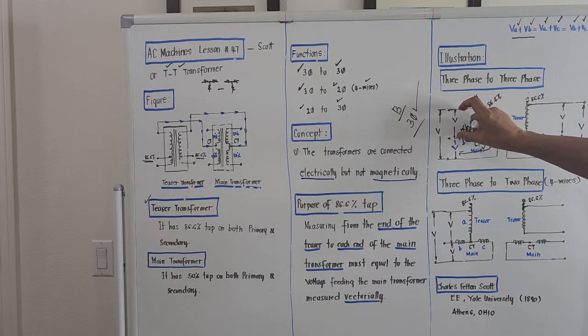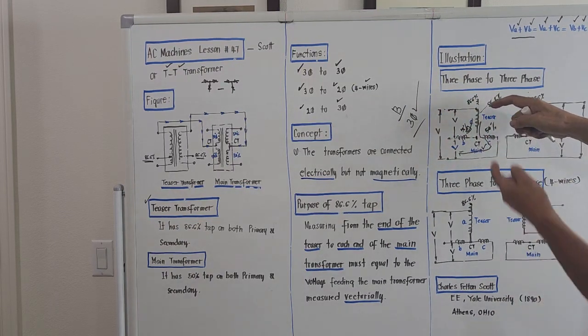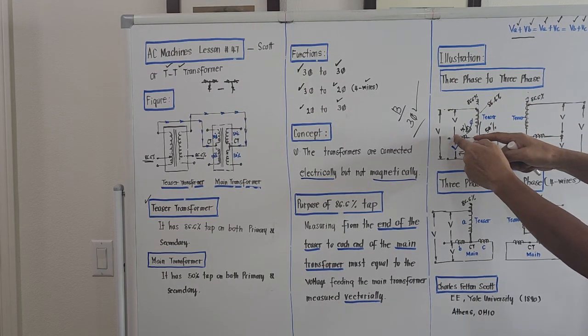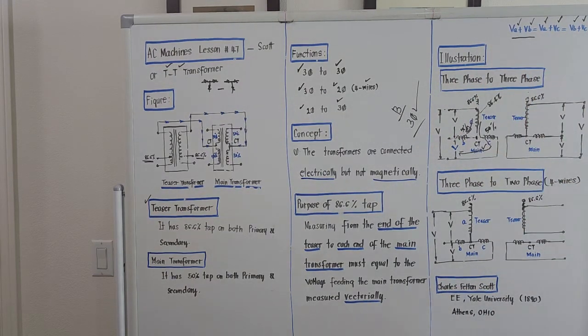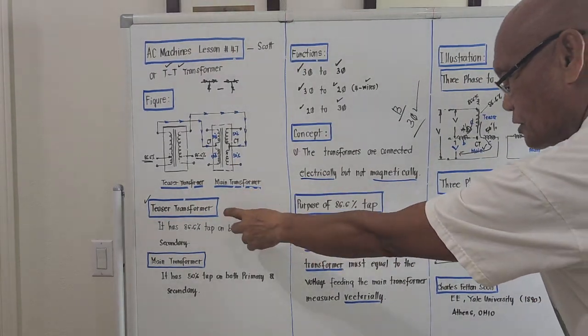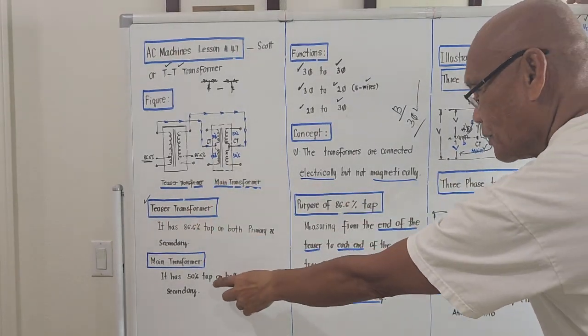This is capital V, this is capital V, and this is capital V, if this is 86.6% and this is 50% and this is 50%. So that's the reason why on the teaser transformer there is a tapping of 86.6%, and on the main transformer there is a tapping of 50%.